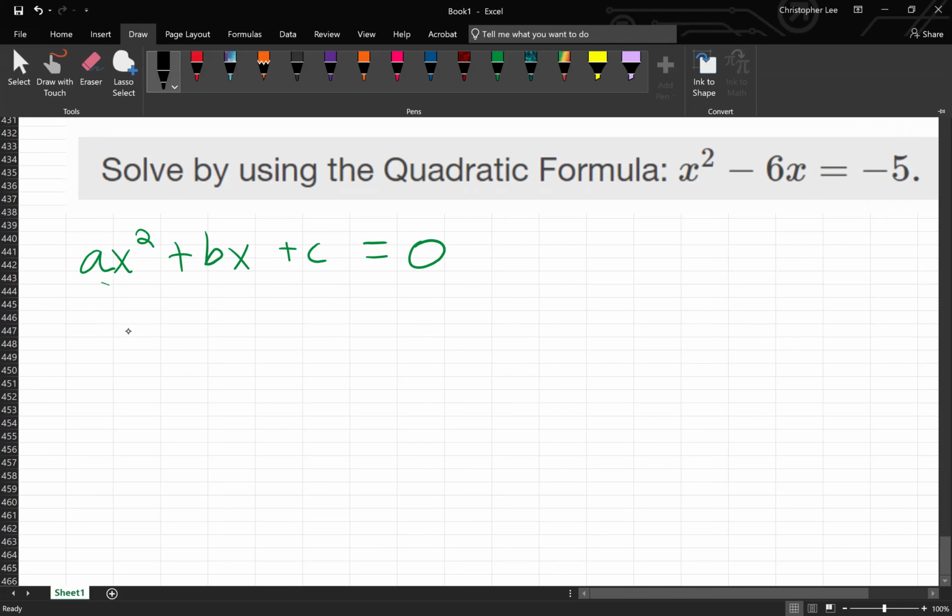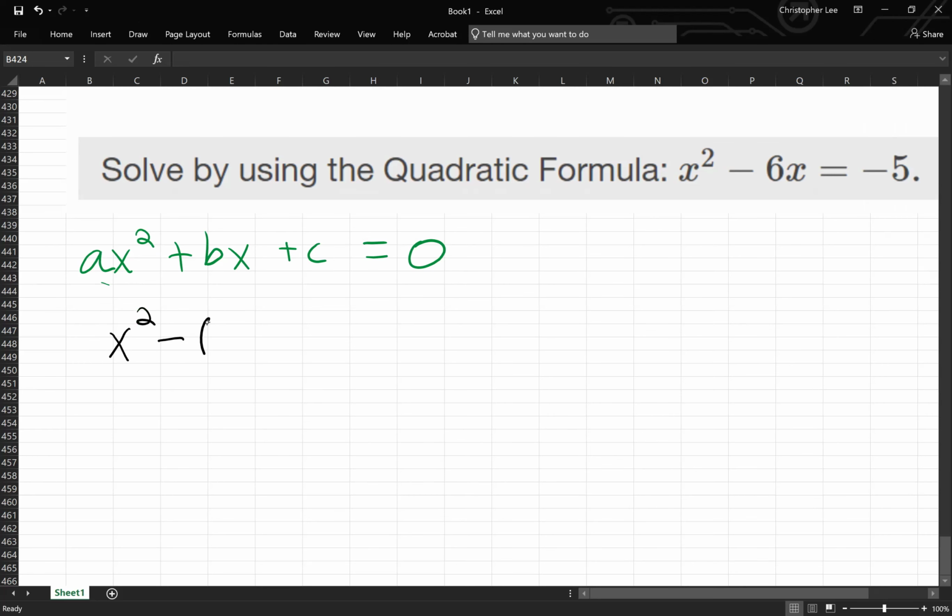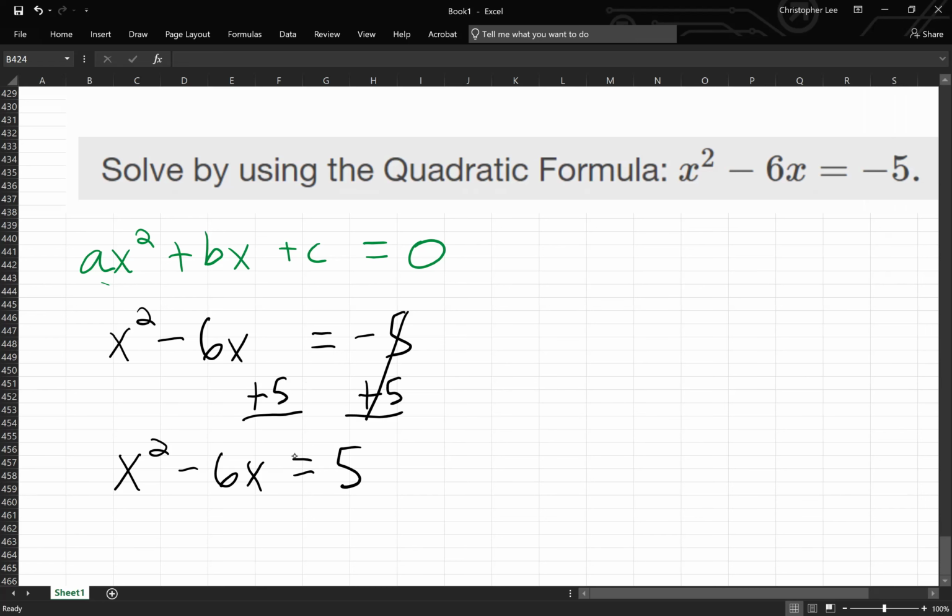We have x squared minus 6x is equal to -5. We need to bring that -5 over to the other side, so I'm going to add 5. What I do to one side of the equation, I have to do to the other side. So now I have x squared minus 6x plus 5 is equal to 0.